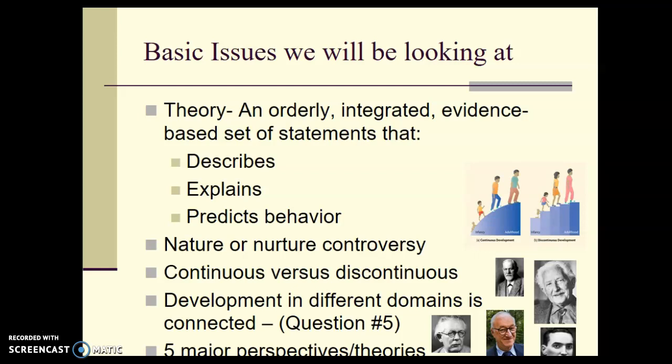The fourth is the biological perspective. The fifth is the ecological perspective, which is Bronfenbrenner, which we study a lot in Child Development 30. And then the last is the socio-cultural perspective. So the last two, the ecological and the socio-cultural, kind of go together. Socio-culture is Vygotsky's theory.